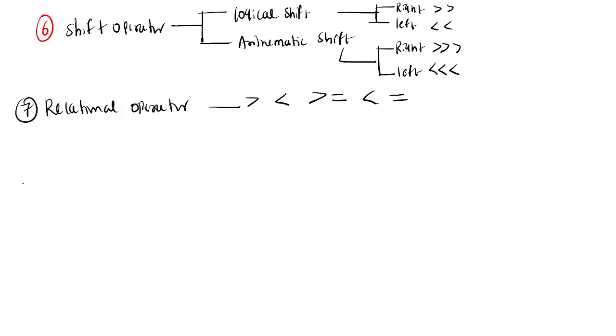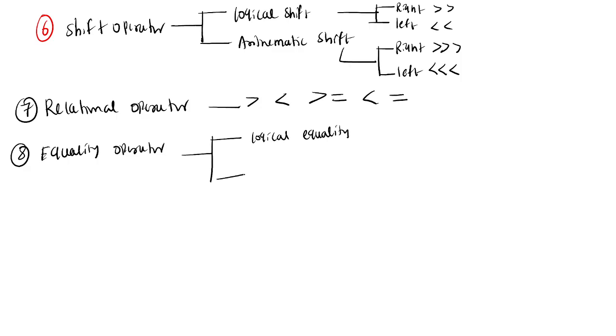Okay, and next you have the equality operator. Equality operators again have two types: logical equality and case equality. Again in this, equal and not equal.